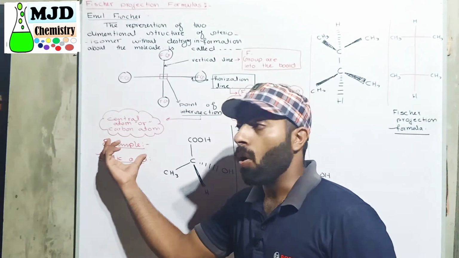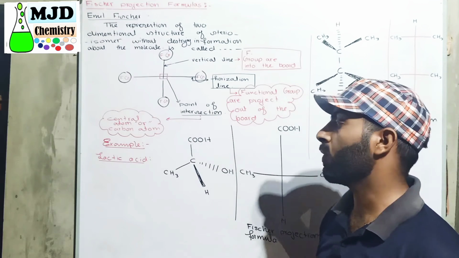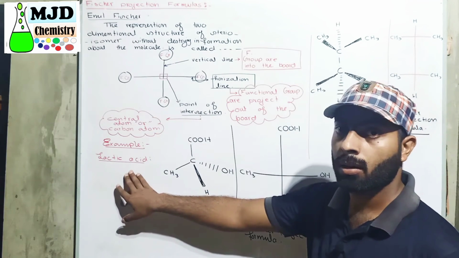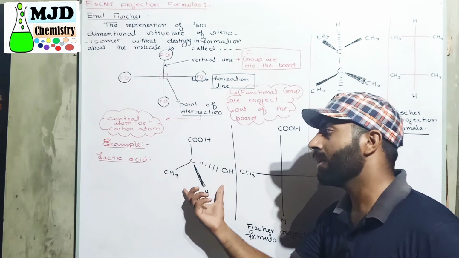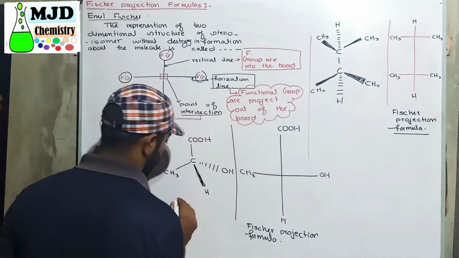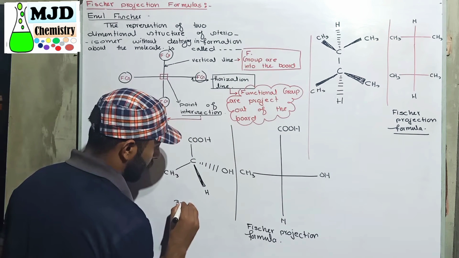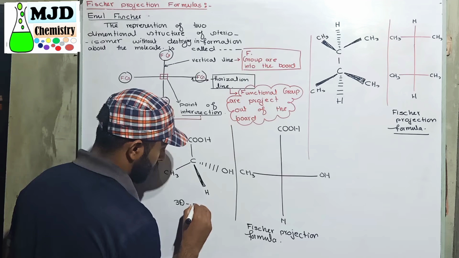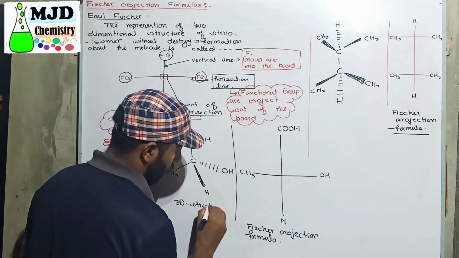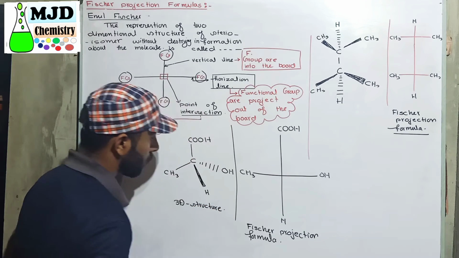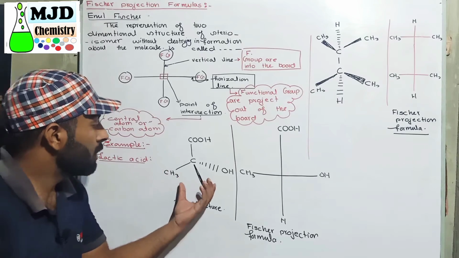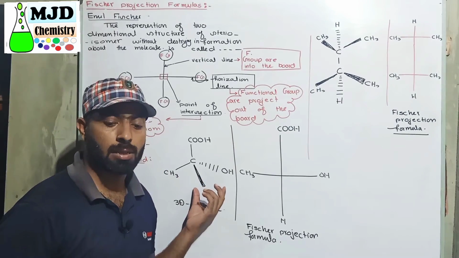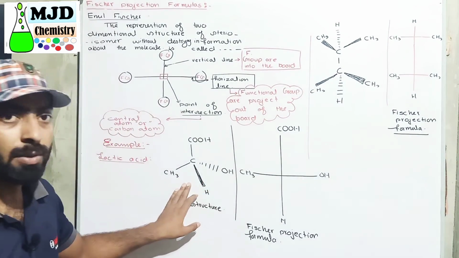The first example of Fischer projection formula is lactic acid. First of all, we draw a three-dimensional structure of lactic acid. This is the 3D structure of lactic acid. When we draw a 3D structure, a lot of time is lost.